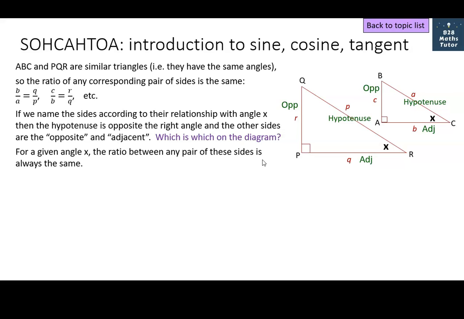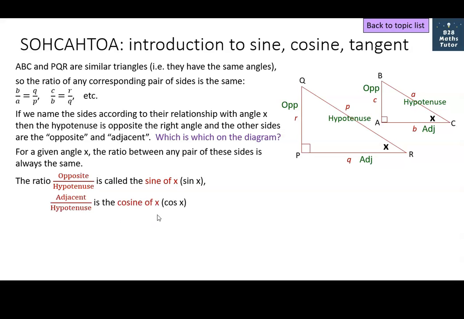And we give these names. So if we talk about the opposite divided by the hypotenuse, so R to P, or R divided by P, or C divided by A, that's called the sine of the angle, and we write it as sin X. When we talk about the adjacent over the hypotenuse, so Q over P or B over A, we call that the cosine of the angle.